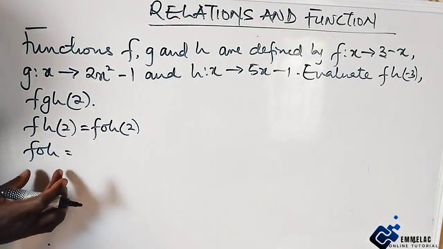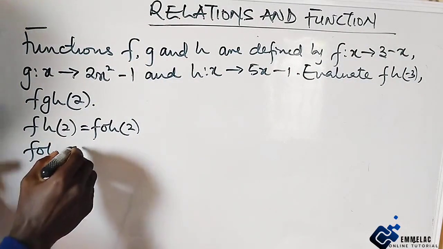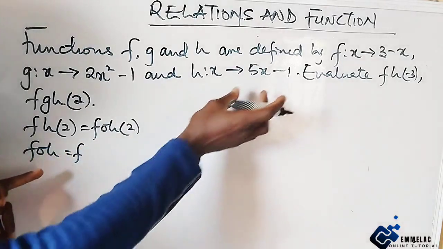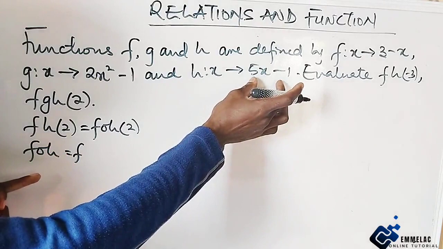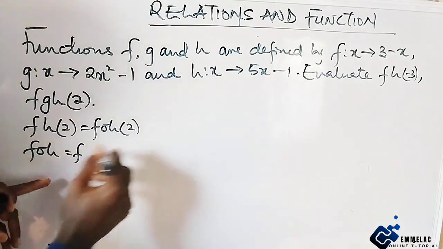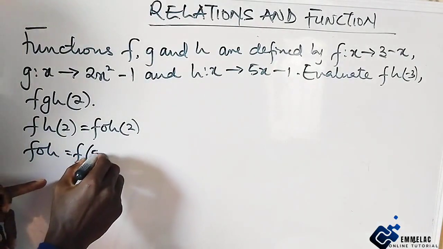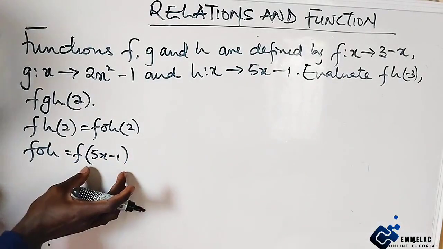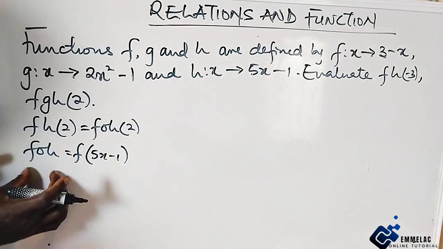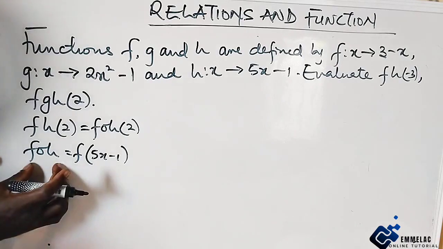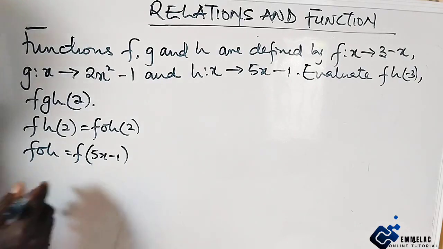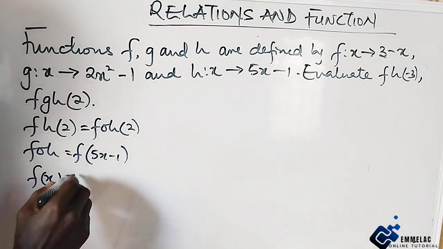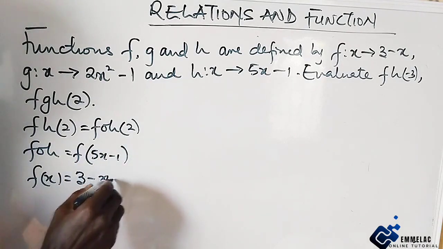Now in simple terms, we can say this is f of, and the value of h here is 5x minus 1. So this is just the interpretation of this. Remember that f of x equals 3 minus what? x.